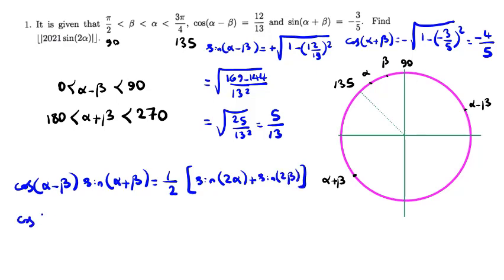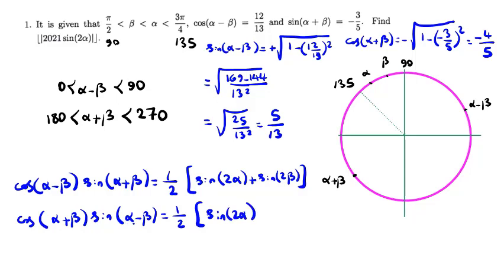And cos of alpha plus beta times sine of alpha minus beta equals 1/2 of sine of the sum of them, sine 2 alpha, plus sine of this minus this, which will be sine of negative 2 beta, or negative sine 2 beta.